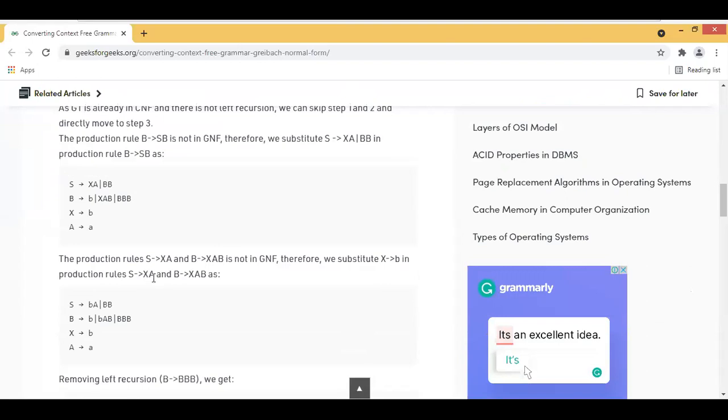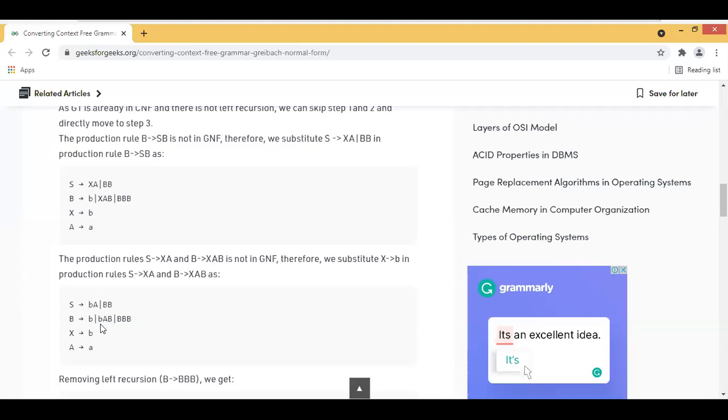In the place of this X, if I put B, then it becomes BA, and then BAB. Now this BA is in the form of GNF, and this BAB is in the form of GNF.